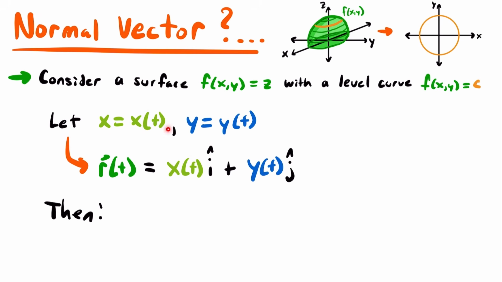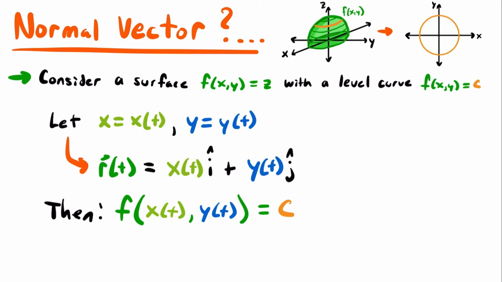If we let x and y equal these parametric equations, then the function for our level curve could be rewritten like this. We'll have f of x of t, comma, y of t, and that would be equal to the constant value c. Okay, again, this is just a function that represents this level curve, but now it's in terms of the parameter t, which would be the independent variable for the function.